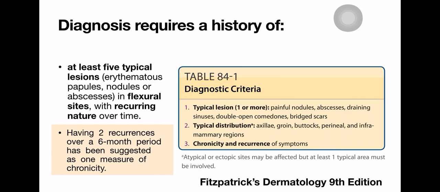So in cases of atypical or ectopic sites, at least one typical area must be involved, and chronicity and recurrence, which is suggested to be measured by having 2 recurrences over a 6-month period.